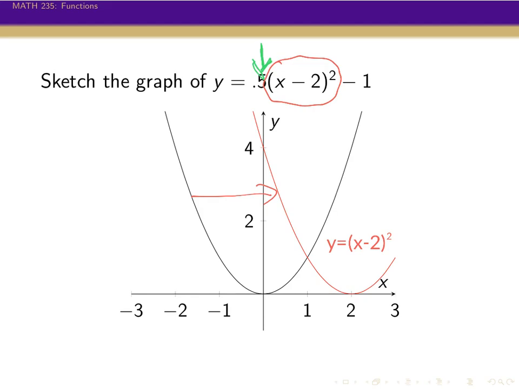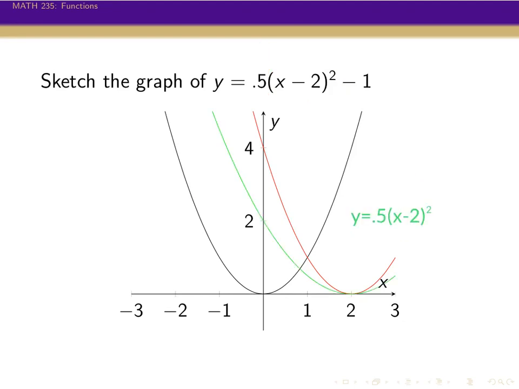So we're going to take our red graph here, and we're going to squish by a factor of 1/2. And so what is that going to look like? Well, as you can see, and this is now the graph in green, we have squished it down by a factor of 2.